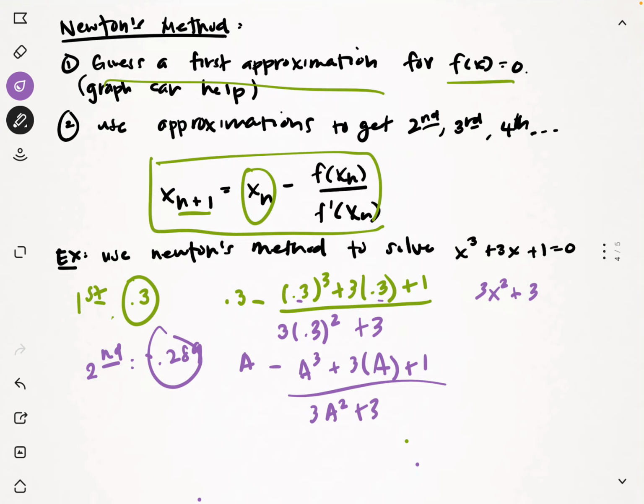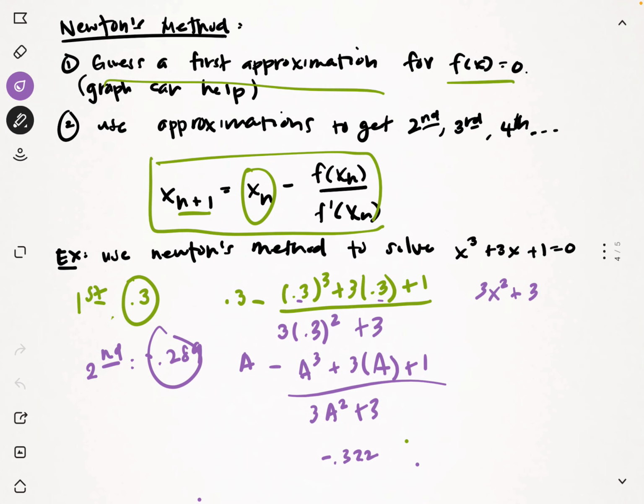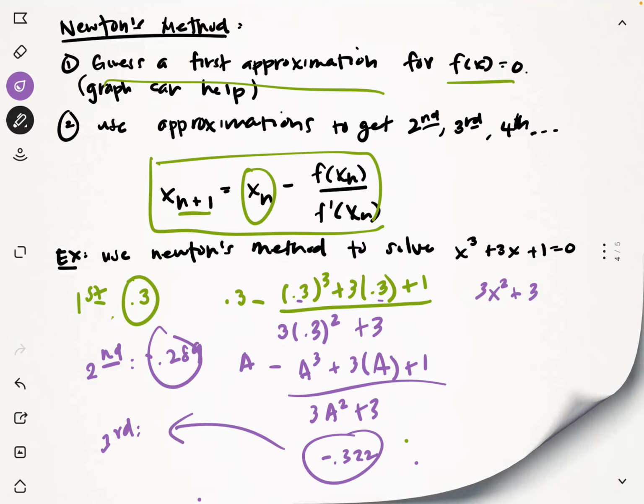So now I get negative 0.322. And then we could do it one more time. So actually this would be our third. So let's just do it one more time. I'm going to store this again in A, and we'll do it one more time.